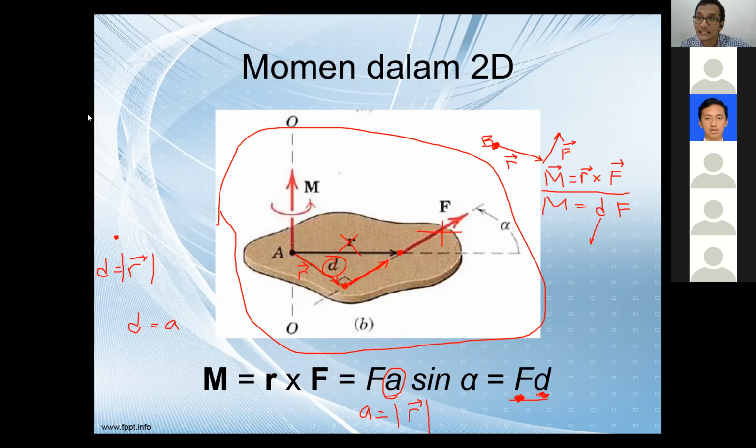Oh, torsi. In Bahasa we call it torsi. In Bahasa as well we call it moment. So it can be moment, it can be torsi. The definition is the same. Okay, sir. Yes, I get it. So it's just like the torsi in basic physics. Yes, in physics the same.